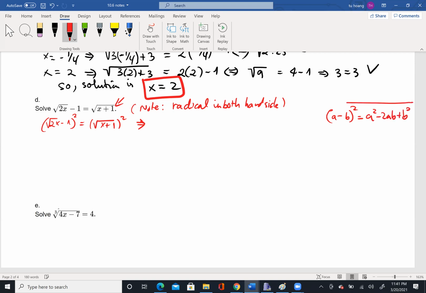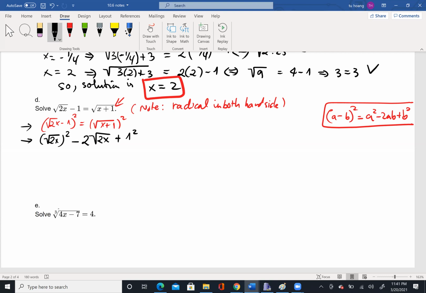If you remember this one, you can apply that formula to the left hand side over here, and that's going to give you the square root of 2x squared, minus 2ab, where a here is the square root of 2x and b here is 1, and then plus b squared, which is 1 squared.